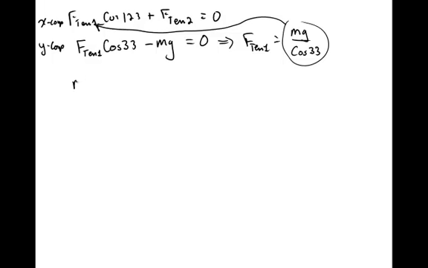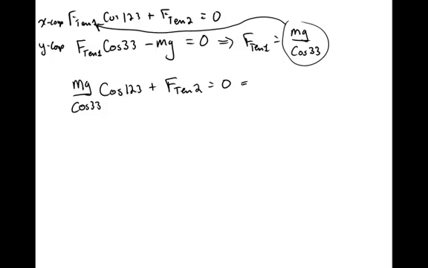So that gives me mg over cos 33 times the cosine of 123 plus F10(2) equals 0.